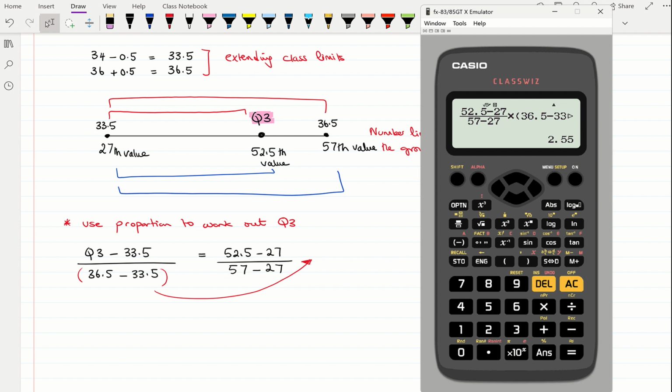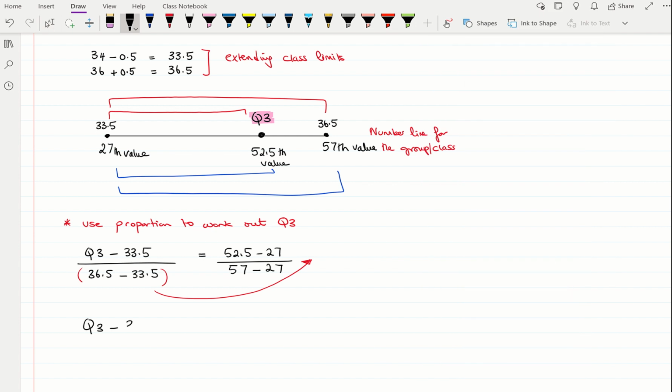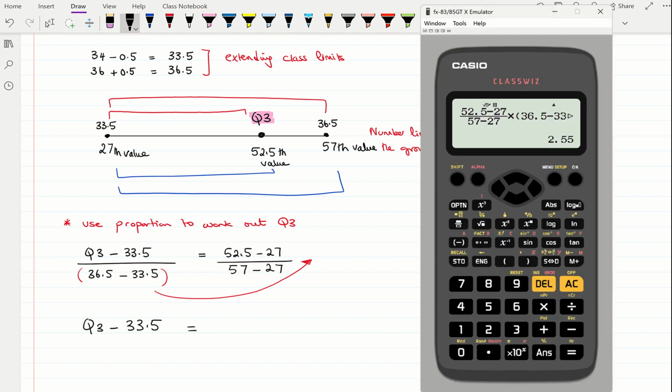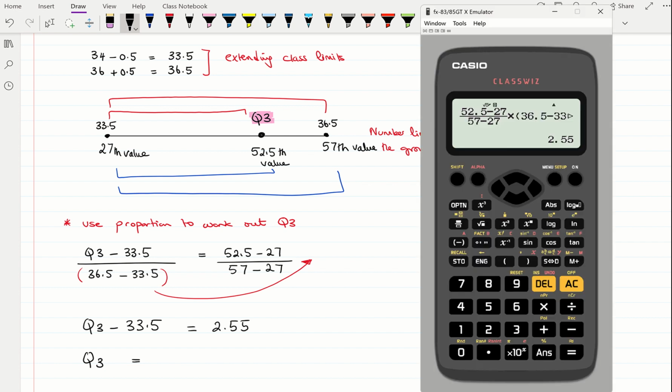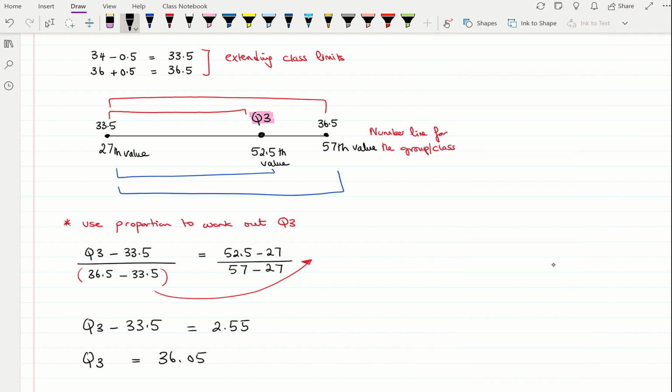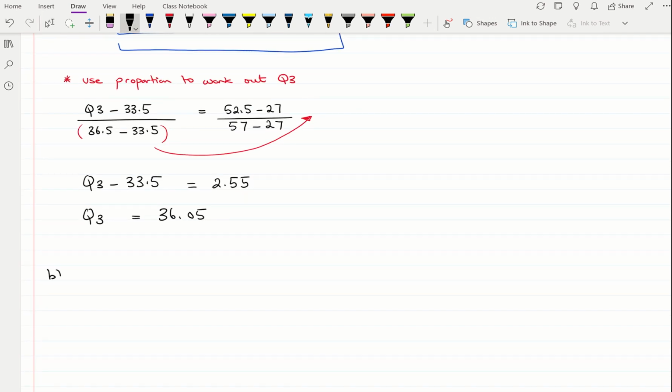And I would get that the upper quartile minus 33.5 equals 2.55. Therefore, I add 33.5, and it gives you 36.05, and that is an estimate for the value of the upper quartile. So that's the upper quartile using interpolation.